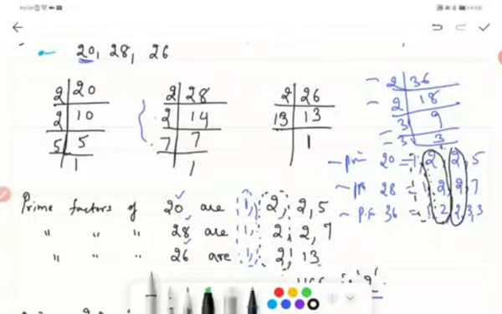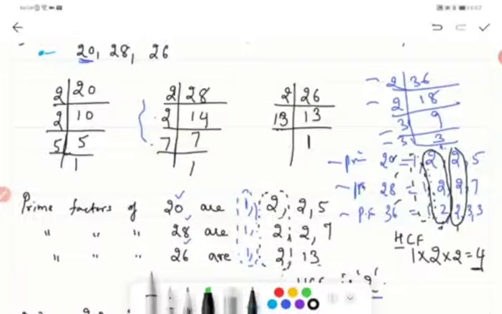So if you have 2 two times, then you will take the highest common factor as 1 into 2 into 2. This is 4. So the highest common factor for 20, 28, and 36 is going to be 4.